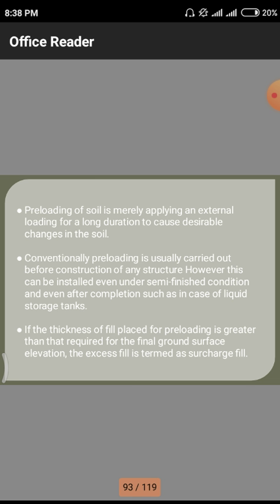Conventionally, preloading is usually carried out before construction of any structure. However, this can be installed even under semi-finished conditions, and even at completion, such as in the case of liquid storage tanks. Normally these liquid storage tanks we observe in industries, where they have a huge quantity of storage.